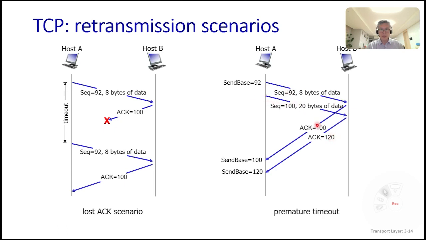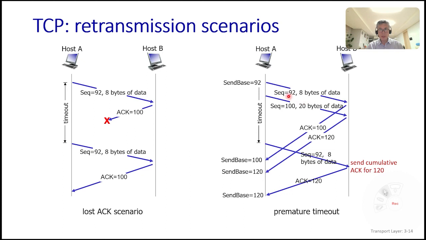But here a premature timeout happens, so for this second segment the acknowledgement is generated as usual, but here we retransmit. The timeout happens, and then what happened? We retransmit this segment, the first segment is retransmitted.